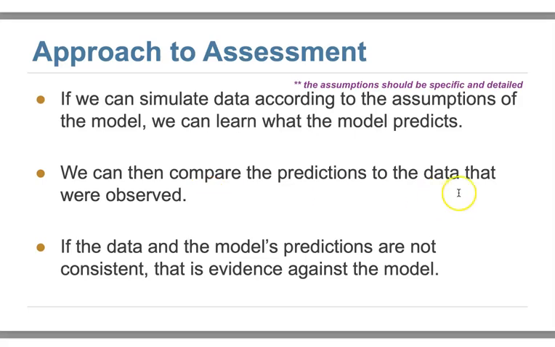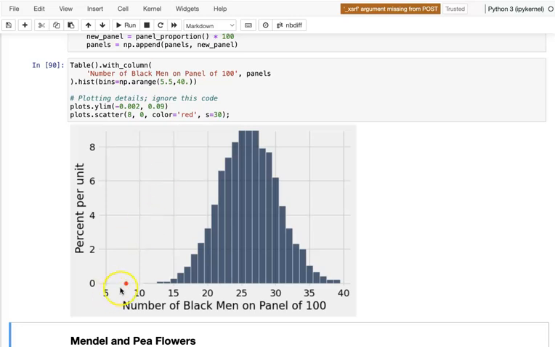So that's how we draw this picture, and here we compare them. If the data and the model prediction are not consistent, that is evidence against the model. In our result, 8% is far from our 10,000 simulations. So we can say the model we assumed earlier, that jury selection is random, is really not true in Robert's case.